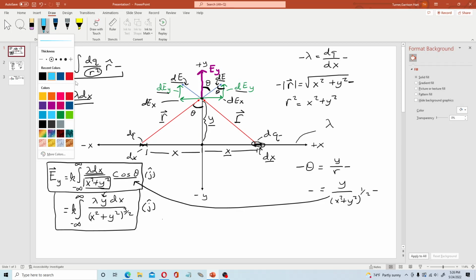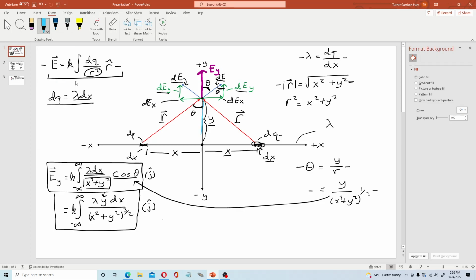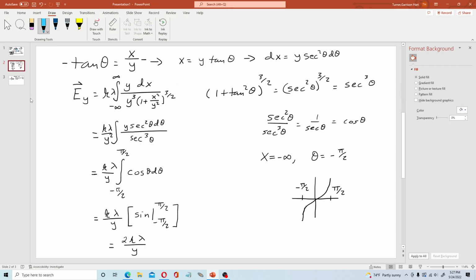I've already defined theta to be this angle right here. And tangent of theta is opposite over adjacent, which means x over y. So tan theta is going to be x over y.